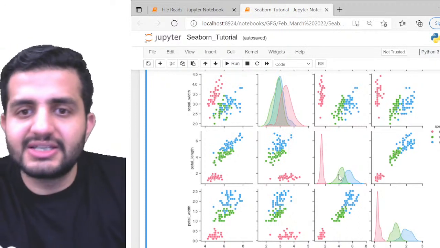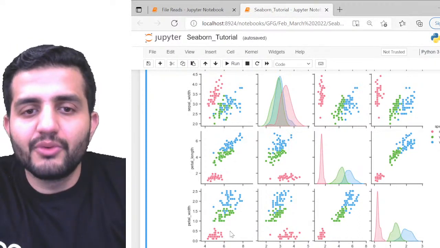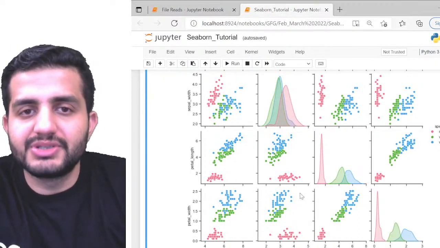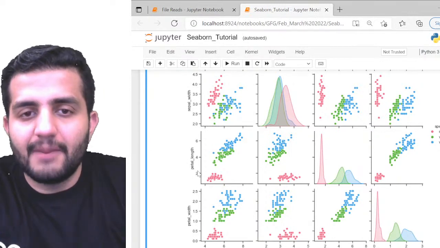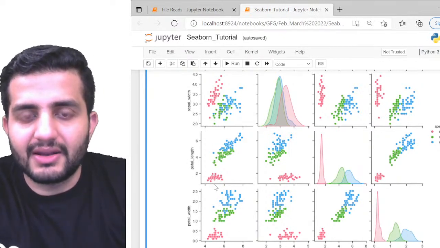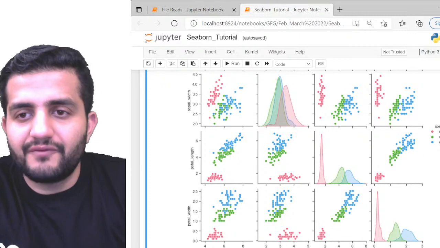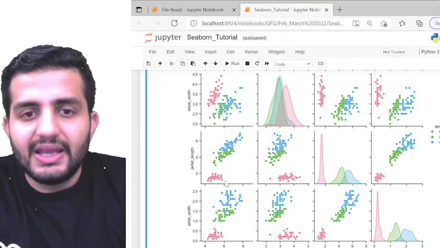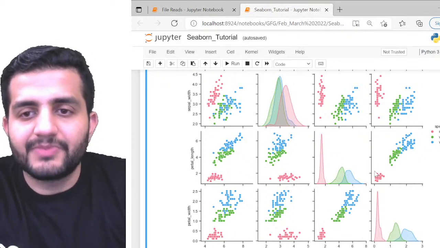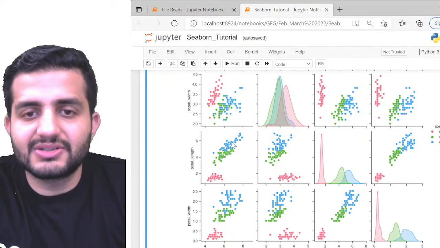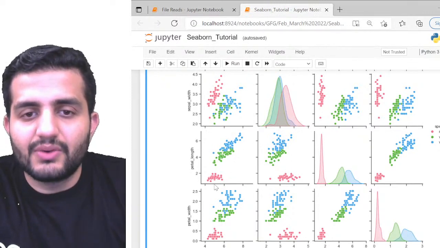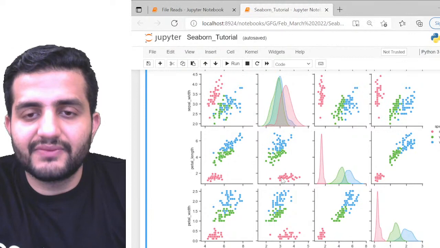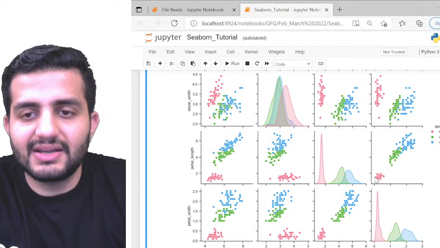I could see one very interesting thing here. For most of my values, for example petal length and sepal length, can you see the values of the Setosa species are on the lower side always? There's a clear distinction of my clusters. I could see a separate cluster for Setosa everywhere, and also they're on the lower edges.